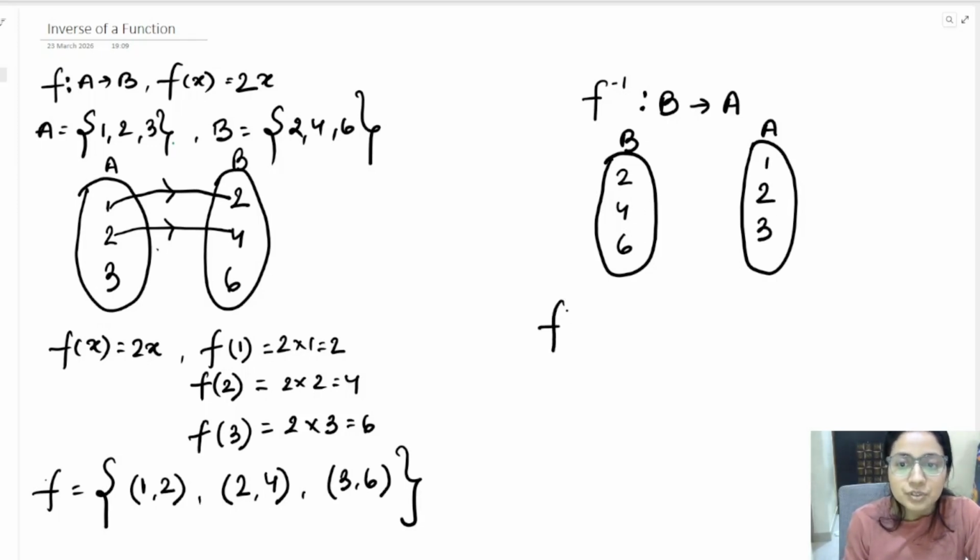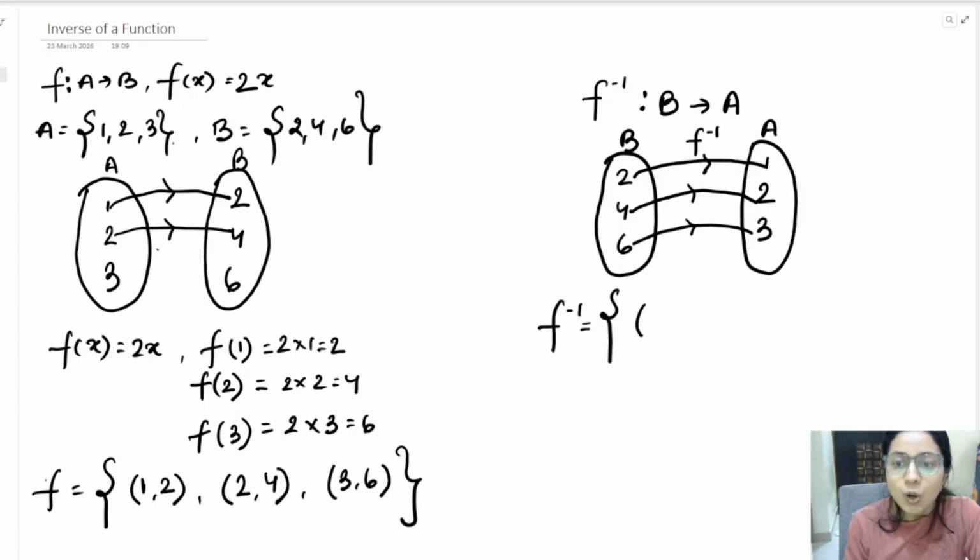Here in f inverse, when you take the input as 2, your output will come out as 1. The function name is f inverse. When you take the input as 4, your output will come out as 2, and when you take input as 6, your output will come out as 3. Your f inverse will look like this.